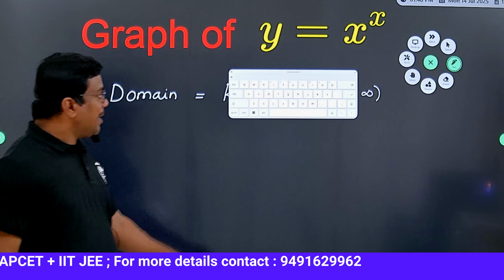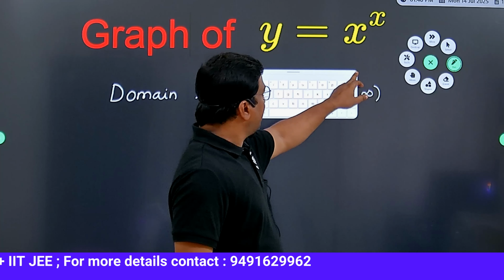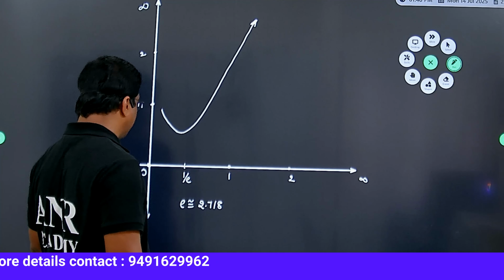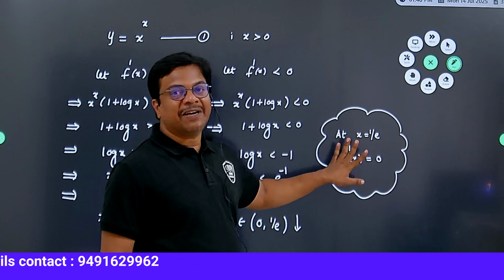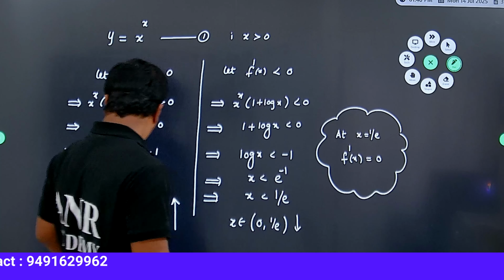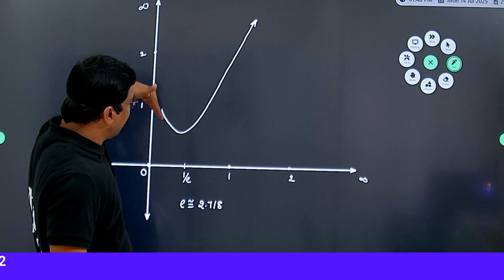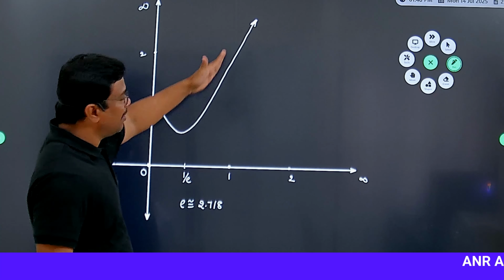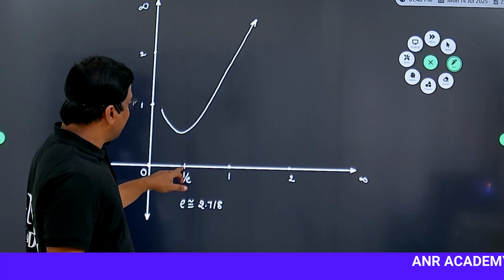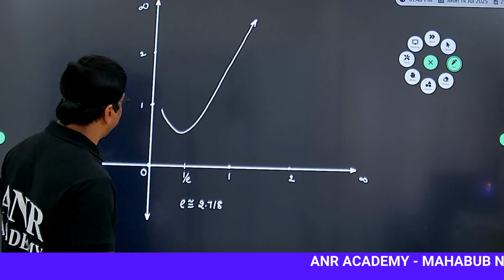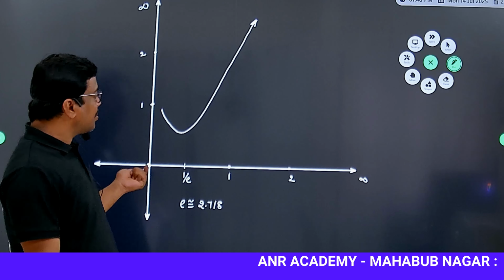And particularly at x equal to 1 by e, its derivative is 0, that is, the slope of the function is 0. Yes, here it is a negative slope, then slope 0, and then positive slope. Yes, at x equal to 1 by e, f dash x is 0 clearly. And as x tends to 0, what happens?